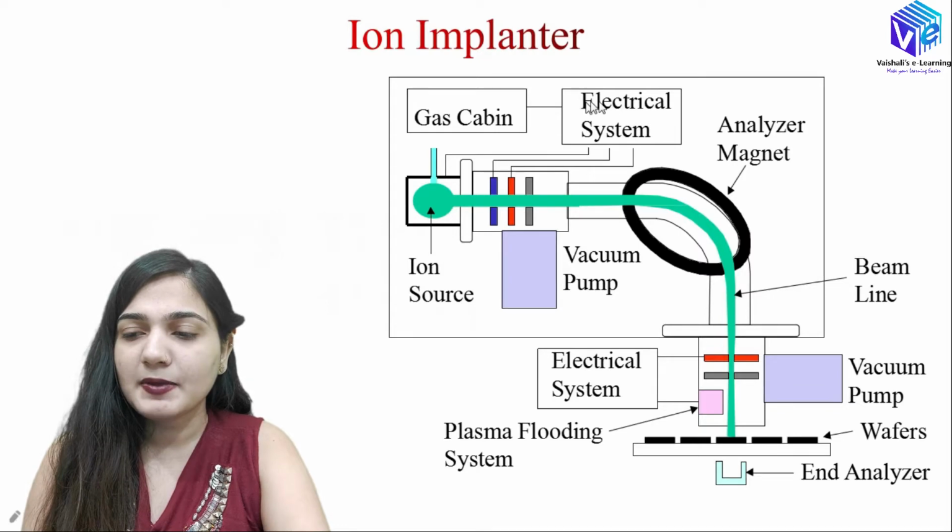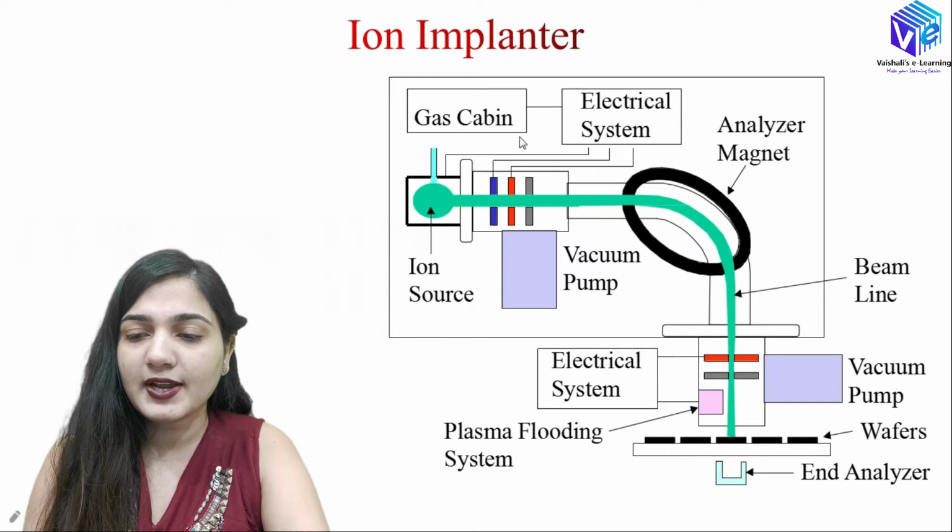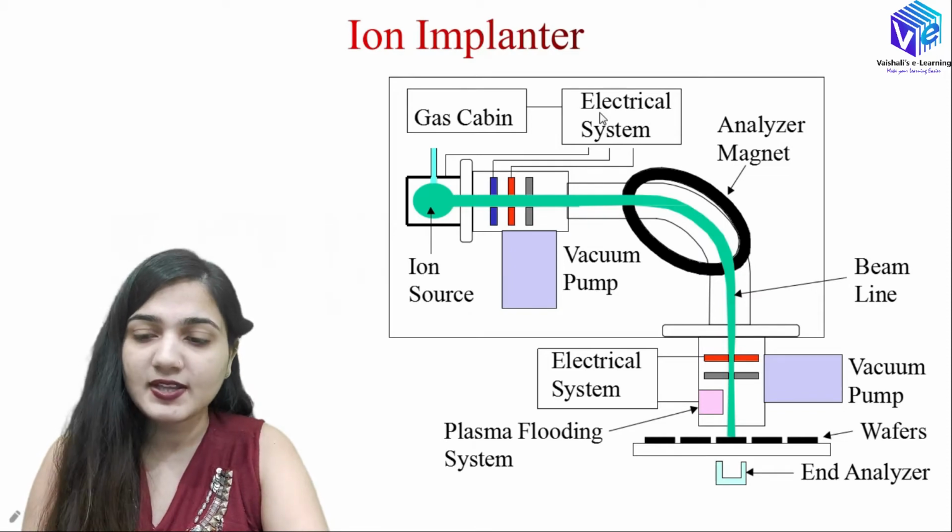In the gas cabin we have some electrical system. With the help of the electrical system we supply high electrical power here. The gas cabin provides some gases, and we supply high electrical energy to the gases, which makes the ions.